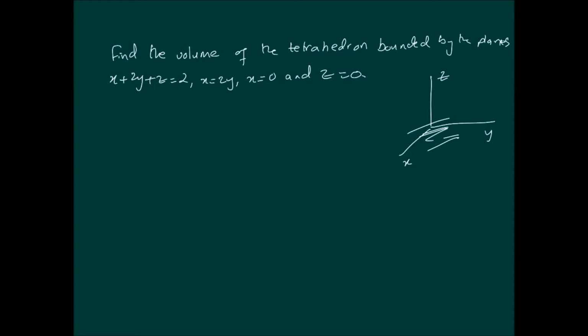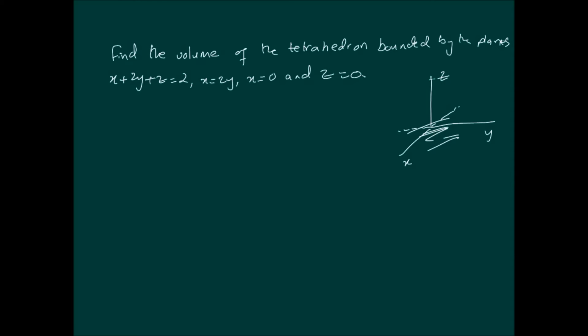Everything is above this z equals 0 plane. So you still have this side and this side of the xy plane, but nothing below. The below is cancelled, so there's nothing in the negative part of the z-axis. Now, bounded by x equals 0. X equals 0 is the plane that is along yz.